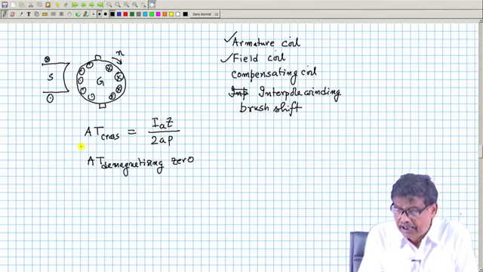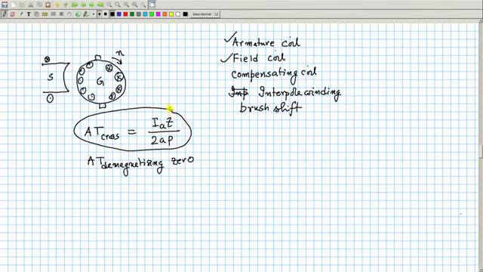For example, AT cross magnetizing is this much. Now, suppose I say that okay, I will use compensating winding, and compensating windings are put on the pole faces, as we have discussed earlier.